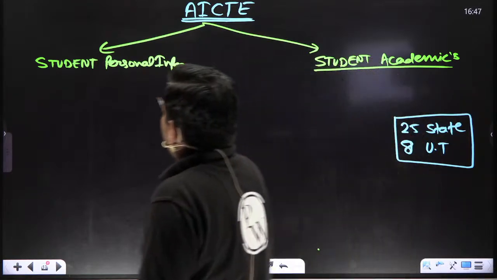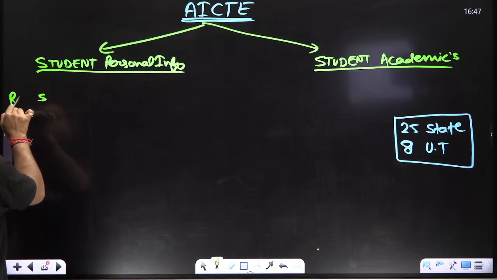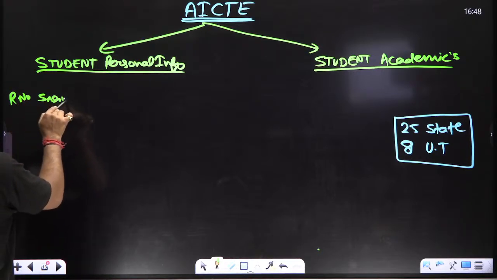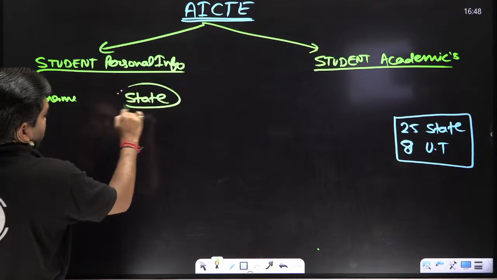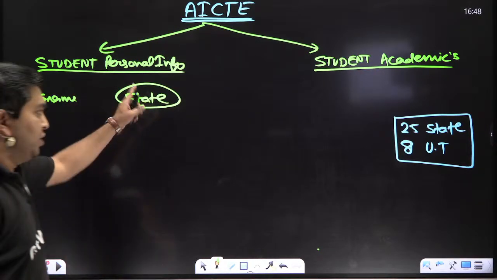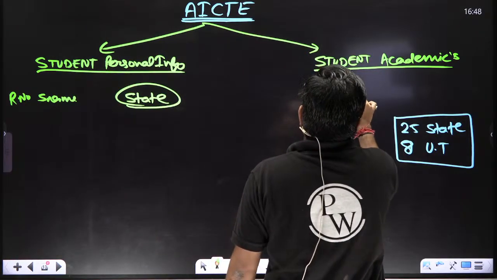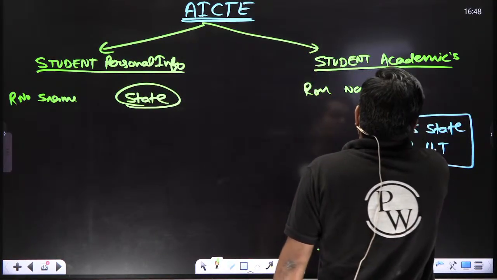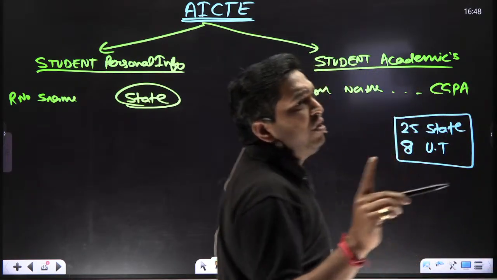Here we have student name, roll number, and so on, and state also. In the other table we have roll number, name, and so on, and CGPA also.